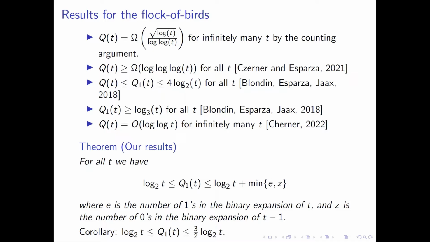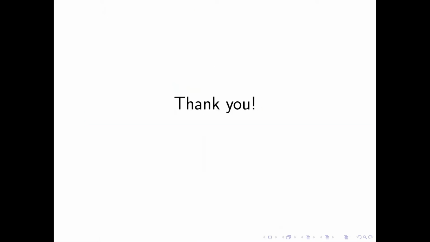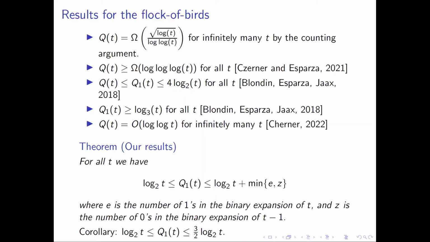And in fact, the goal of our paper was to kind of try to narrow this down. And before stating our result, I just would like to mention that there is a recent result of Czerner who has shown that Q of t is at most log of t for infinitely many t.